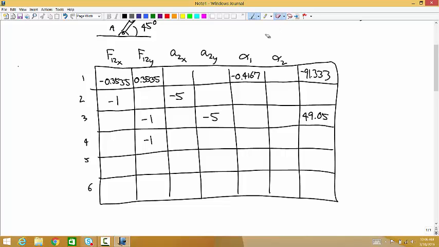Nope, that's the one I just did, sorry. f12x is negative 0.1767. f12y is negative 0.1767. Alpha 2 is negative 0.104, and the constant is 100.